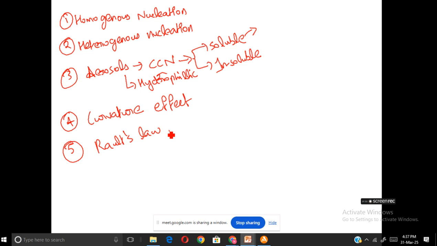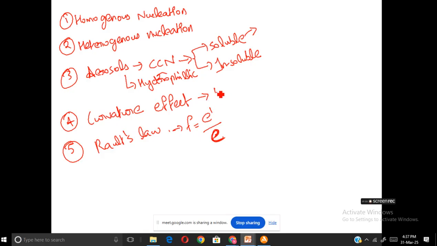So F was given by E dash by E, where E dash is the saturation vapor pressure adjacent to a solution droplet of F mole fraction, and E is the saturation vapor pressure of water adjacent to a pure water droplet. That is Raoult's law.